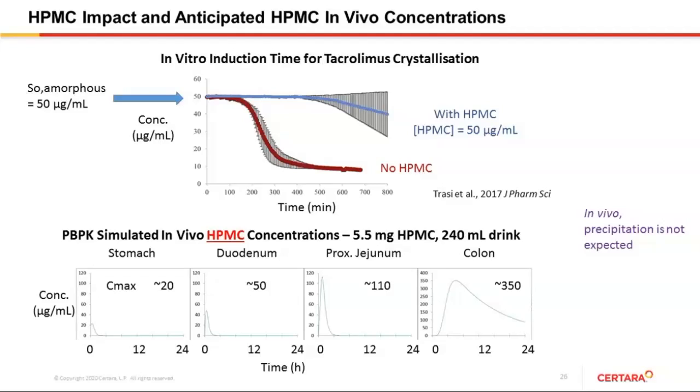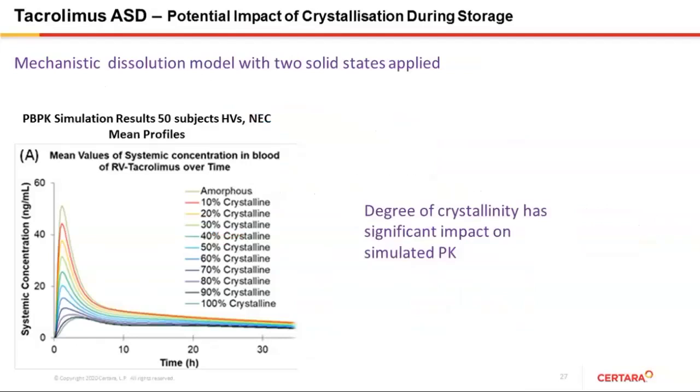Okay, you have to remember here that the HPMC is transiting down the GI tract roughly with the formulation. So the formulation or the dissolved compounds will be at highest concentration roughly at the same time as the HPMC. Okay, so these concentrations are relevant to the inhibition effect on precipitation.